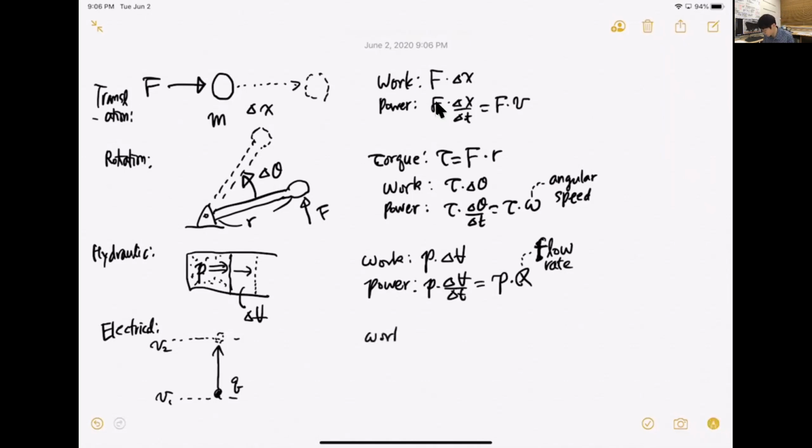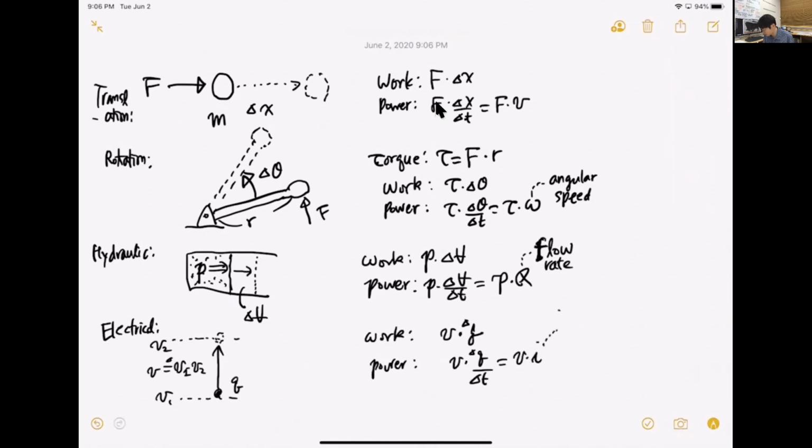Then the work is that potential change, delta V, times the displaced charge, and the power will be delta V times delta Q over delta T. Sorry, I should write it as delta Q, and delta V is defined as V1 minus V2. Then that will be V times current.